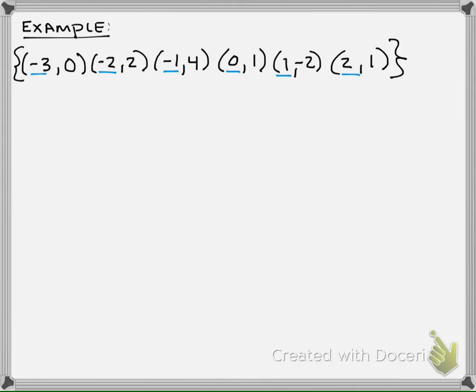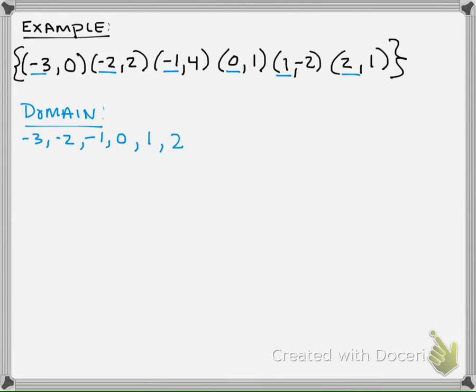So the domain are the values -3, -2, -1, 0, 1, and 2. So these are the values in my domain, which are the x-coordinates.